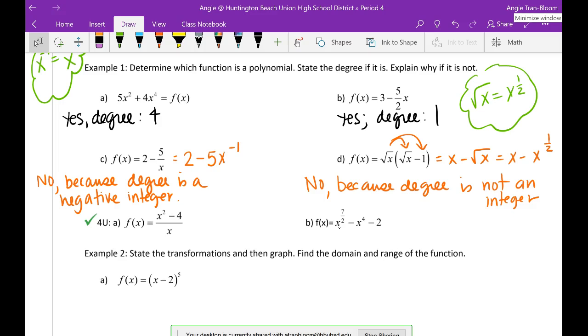Wouldn't it be no? Because, I mean, for would it be x to the negative 1 over x to the negative 2 minus 4?